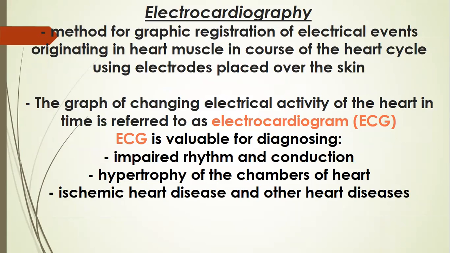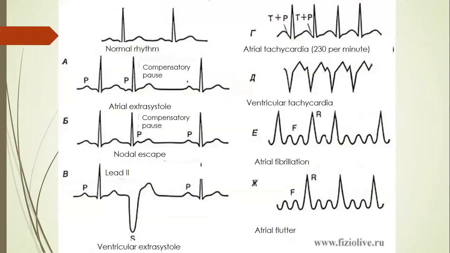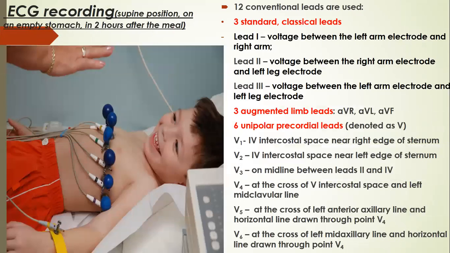Using the electrocardiogram, we can diagnose impaired rhythm and conduction of the heart, hypertrophy of the chambers of the heart, and different diseases of the heart. In this picture, you can see the normal rhythm and different impairments of the rhythm of the heart.